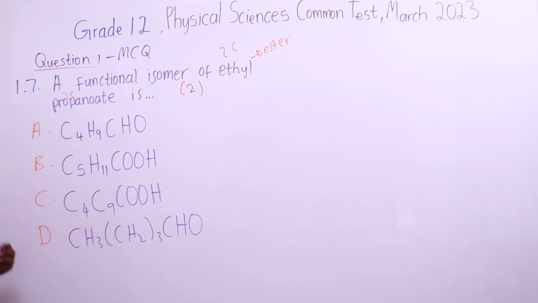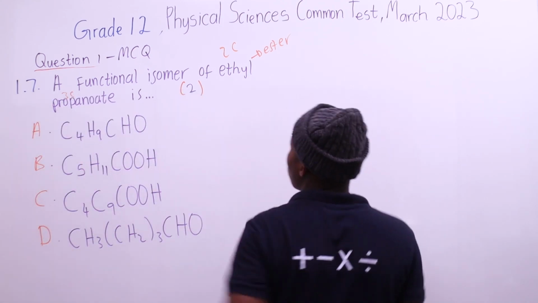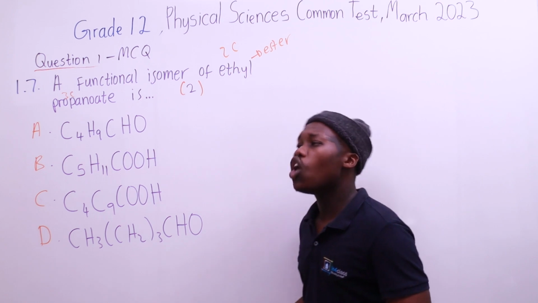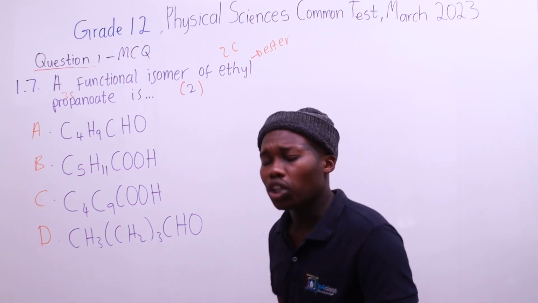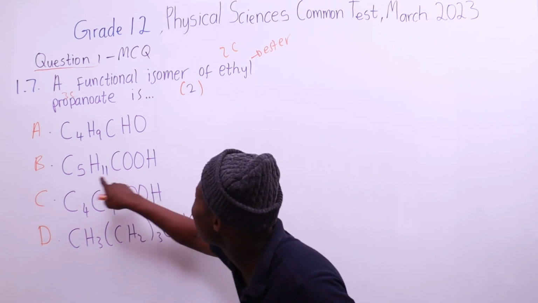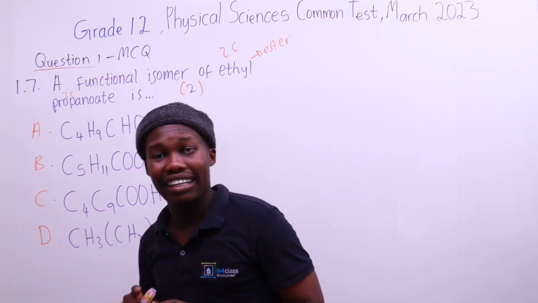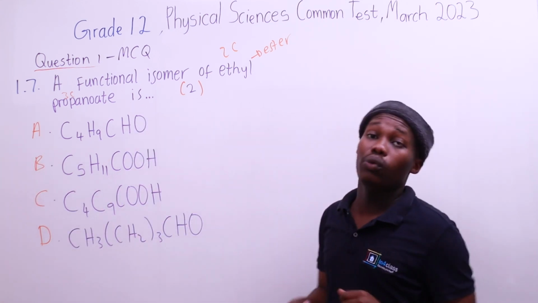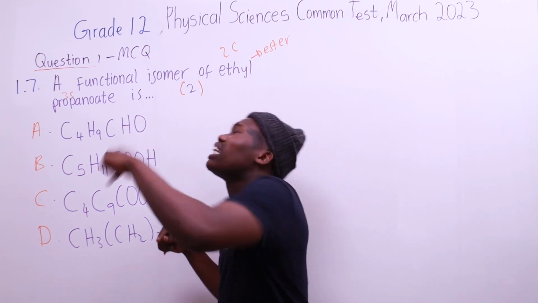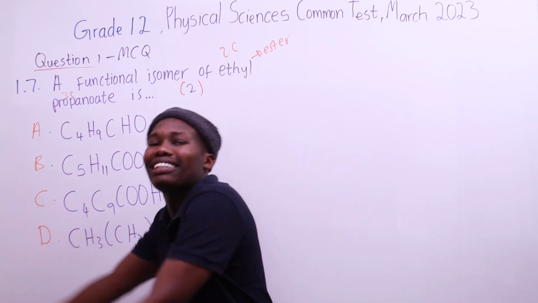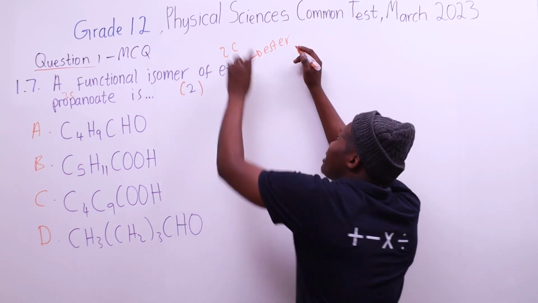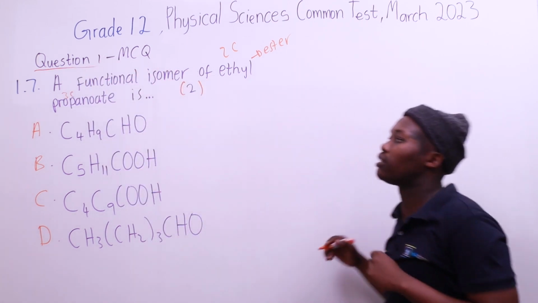In a functional isomer, the organic compounds have the same molecular formula, so if you count each individual atom they are the same, but when you draw the structures you realize they are different. They have different functional groups and belong to different homologous series. So for the ester we want a carboxylic acid with 2 plus 3, so 5 carbon atoms.